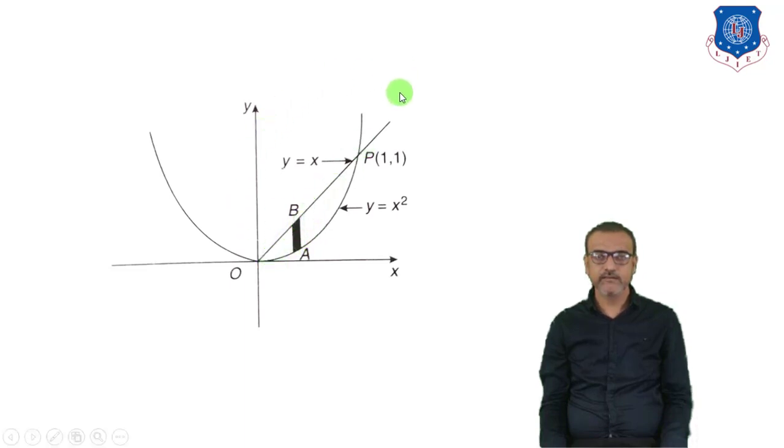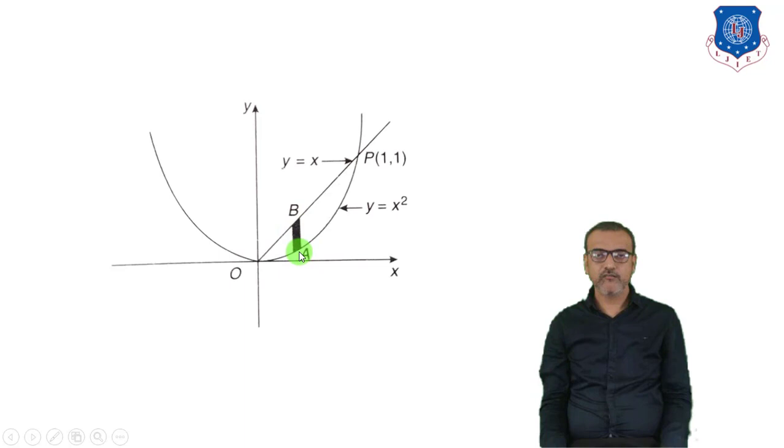As you can see, this graph is bounded between these two points, one is (0, 0) and the other is (1, 1). So definitely the limit of x will be from x equals 0 to x equals 1. For the limit of y you have to draw a vertical strip, and at this point A you will find y equals x square, and at this point B you will find the other curve, in this case the line y equals x.